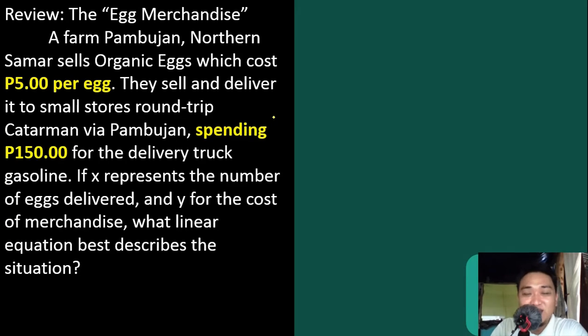Isa dun sa mga naging example natin ay yung nag-wholesale ng itlog, yung egg merchandise problem natin, na kunyari meron daw isang tindahan or isang wholesaler ng itlog na nagbebenta ng itlog niya for 5 pesos, and then dinideliver niya yon sa bawat stores round trip, Katarman via Pambuhan, at gumagastos sila ng gasolina which cost them 150 pesos back and forth or round trip.